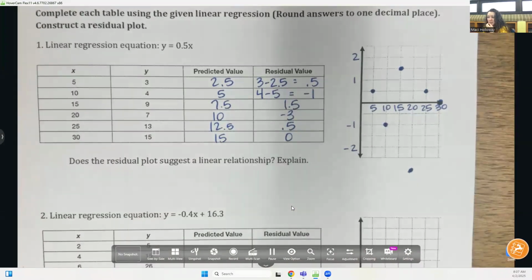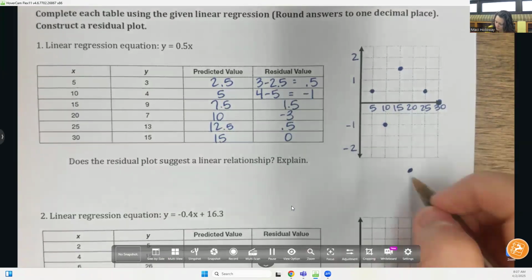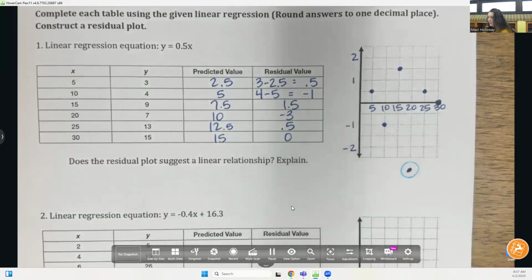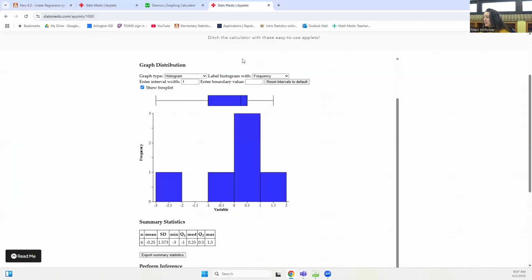So does the residual plot suggest a linear relationship? And I'm going to go back to one of our assumptions here. This looks like an extreme outlier, but let's look at our histogram too to see if the histogram meets the normality assumption. And I've graphed it here for us in our StatsMedic applet.